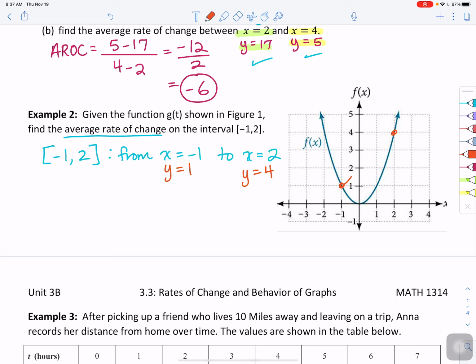We're finding the slope of the line that connects those 2 points. That's really what we're finding. Okay, the average rate of change is, let's take those y values, 4 minus 1, divided by 2 minus a negative 1, and we end up with 3 over 3, and that's equal to 1.